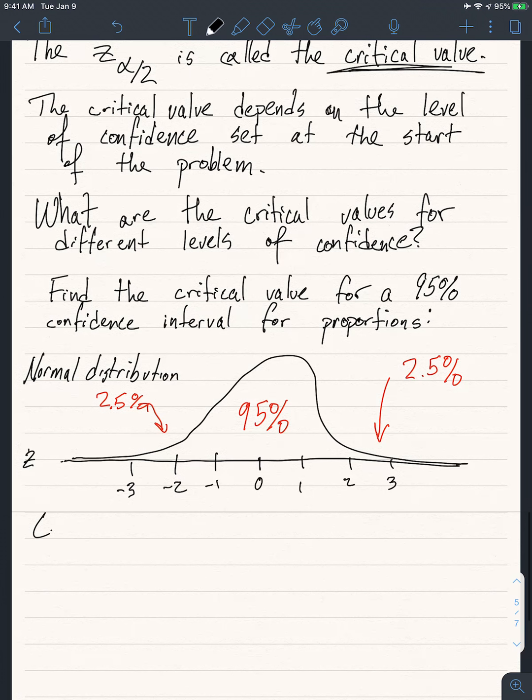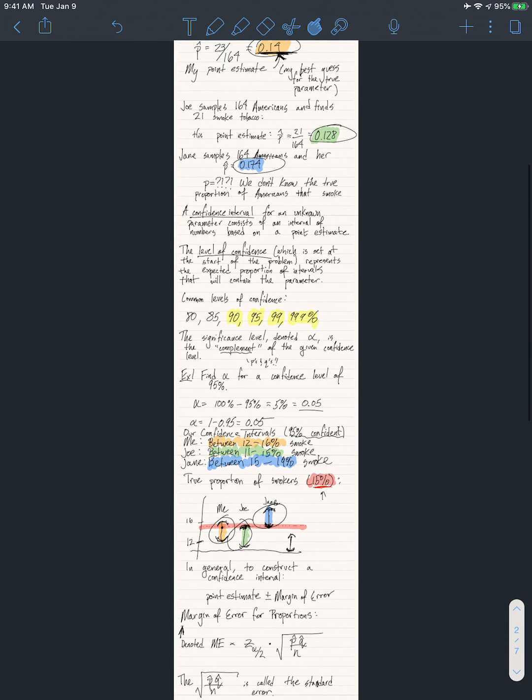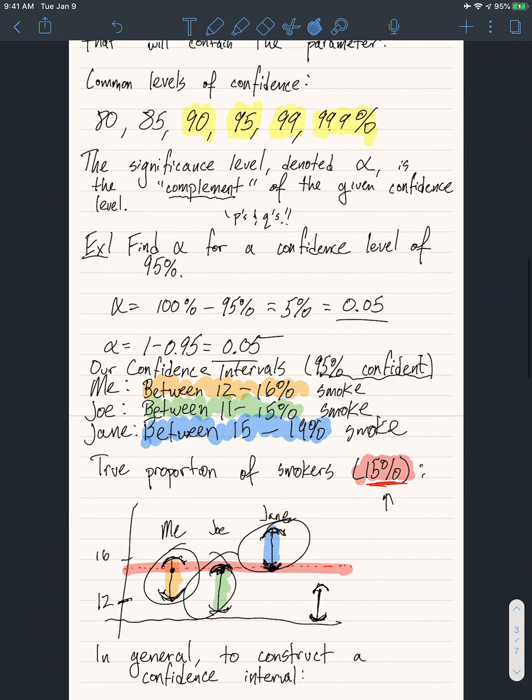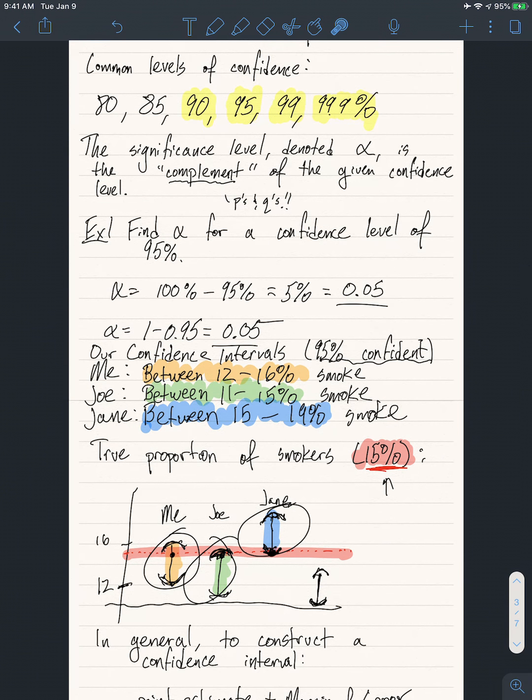So my confidence level from the problem said 95%, which means our significance level is 5%, which I mentioned earlier, right? Back up here I said for a 95% confidence level, the significance level is 5%.